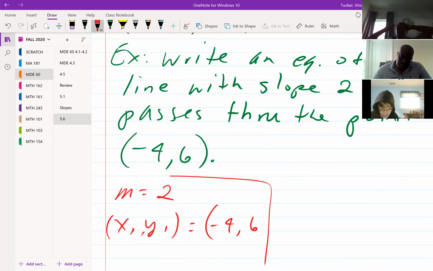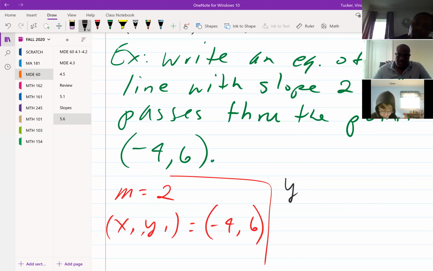So they want us to write the equation of the line that has the slope of 2 and passes through the point negative 4, 6. That means m is going to be 2, and the coordinates negative 4, 6 will provide us with x1 and y1.